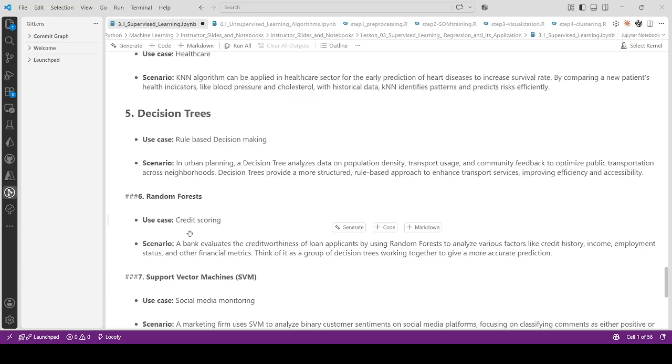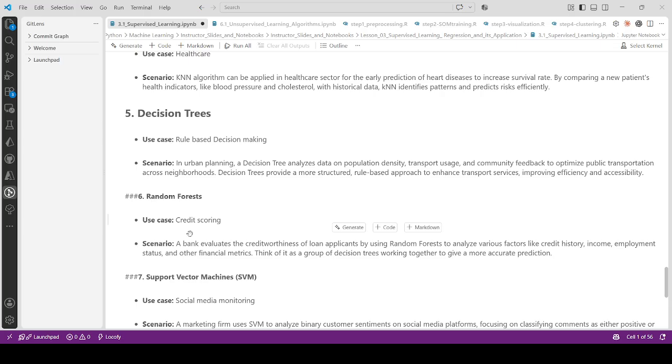There is a little bit of difference. A decision tree is just like the if-else statement branching in programming. But in a random forest, we have multiple decision trees, and if we combine them, that algorithm is a random forest. One use case of the random forest is credit scoring.